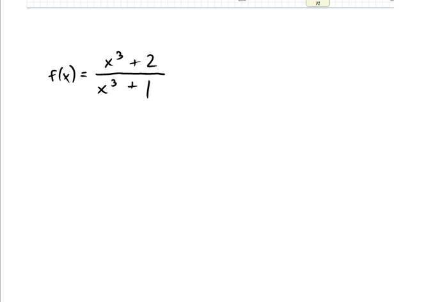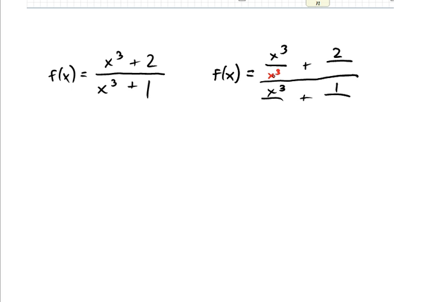The long way to do this is to divide everything in the function by x to the third. So we have x to the third plus 2 over x to the third plus 1. And we're going to divide all these by x to the third because we can.